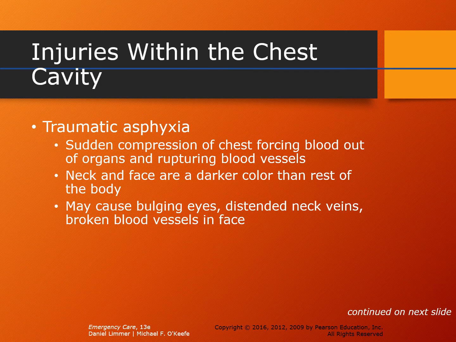This will lead to a phenomenon known as traumatic asphyxia, and it may not necessarily be due to compression. It could also be due to an unresolved pneumothorax or hemothorax or hemopneumothorax or even a tension pneumothorax.